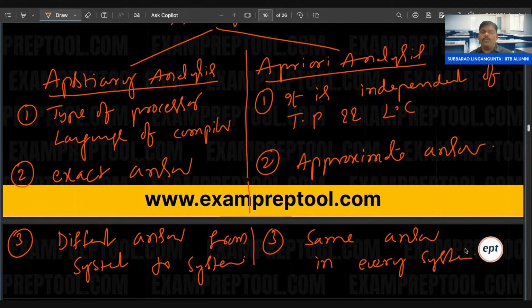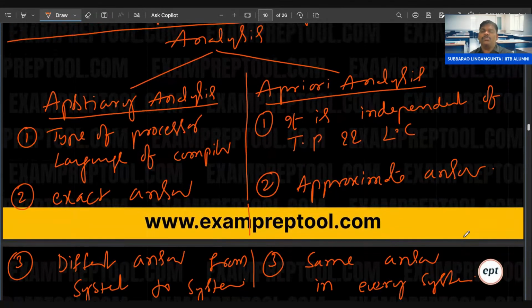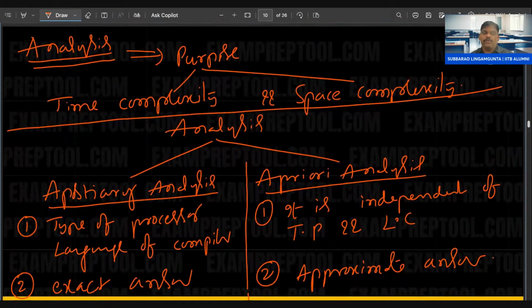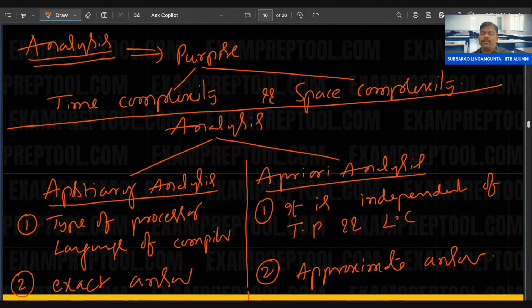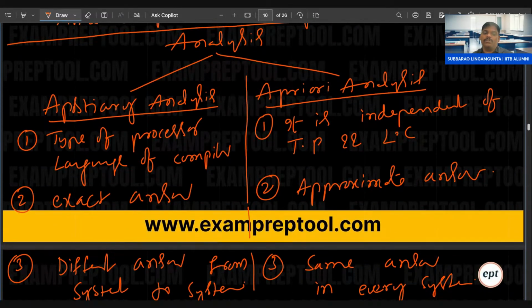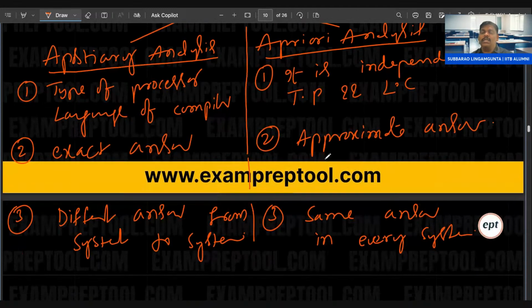Please take care about these three steps. What is the purpose of analysis? Finding time complexity and space complexity. Next, how many types of analysis? Posterior analysis and priori analysis. Posterior analysis is dependent on type of processor and language of compiler. Priori analysis is independent.